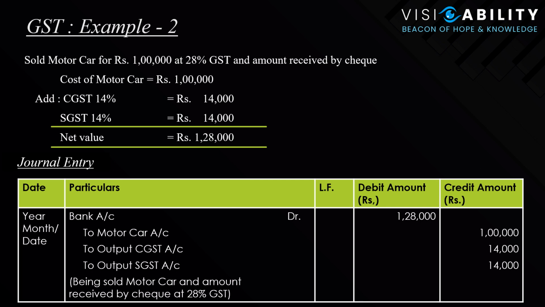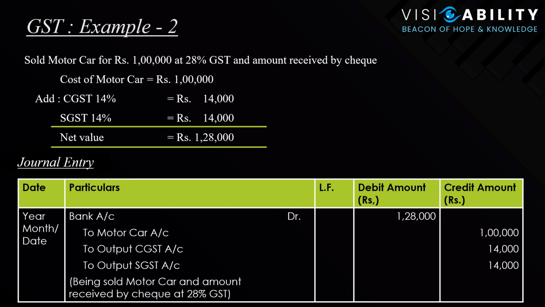Now again, like we saw in the last example, when the GST is being calculated, it's split into two parts, one the CGST and the next the SGST. So 28% when it's divided into two parts, that is 14%. The calculation is being done the same way like I told you in my last example.